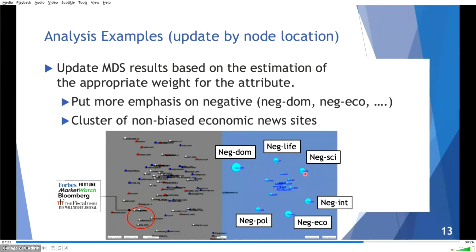From this result, the ratio of negative articles in different topics is more important for classifying the news sites. We also found a cluster of non-biased economic news sites at the left bottom. This may reflect that the topic interests of the news sites still remain in this MDS representation.